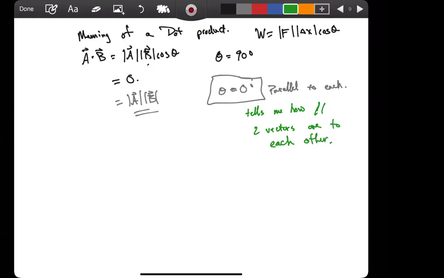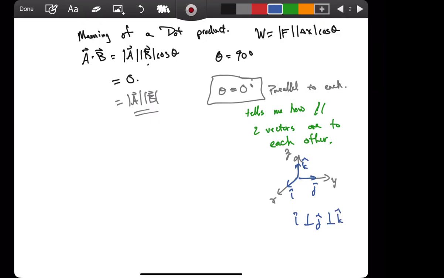Now, why this is important is when we go back to our i's, j's and k's here. Remember, if I have my coordinate system, let's say this is x, this is y, and this is z, then we know i hat, j hat, and k hat are the unit vectors which point in these different directions. By definition, i is perpendicular to j, which is perpendicular to k.